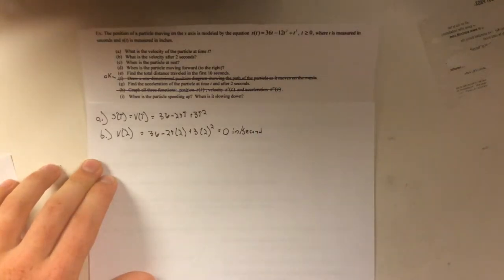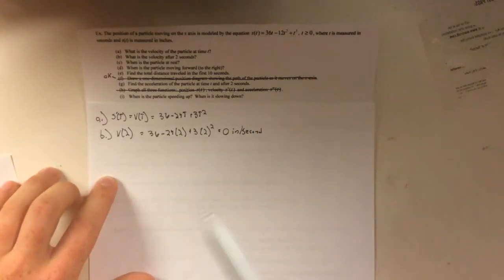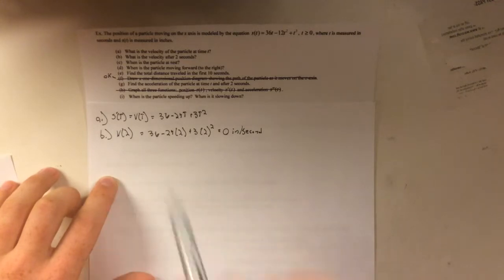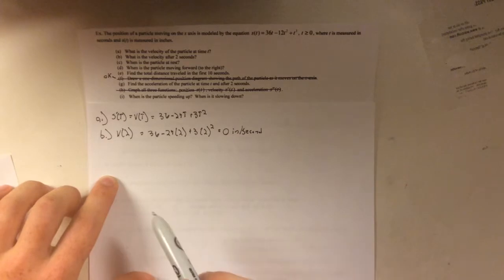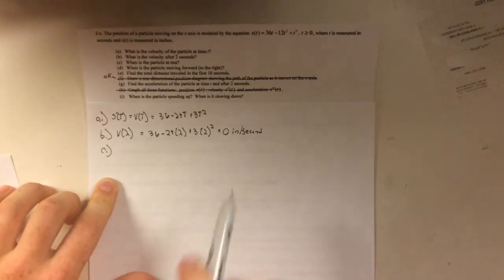What is really interesting about this value is that is when the particle is at rest. So it's not moving forward, not moving backward, which is also the answer to C. However, we know 2 is a 0, but we don't know that 2 is the only 0.